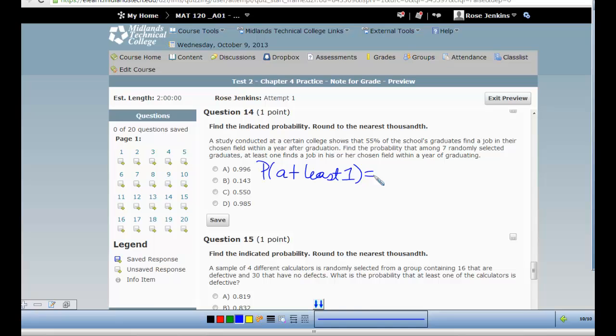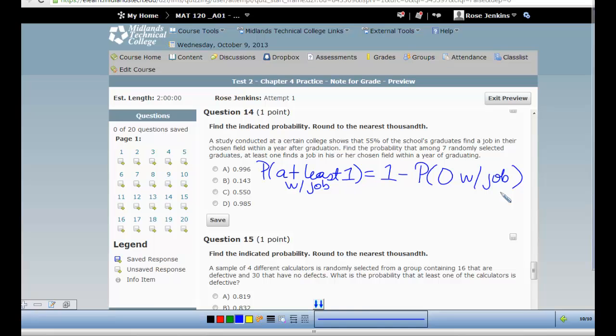And the way that we handle that is by saying what? 1 minus the probability of none. Okay, 1 minus the probability of 0. This was at least one with job, so we're going to have 0 with job.